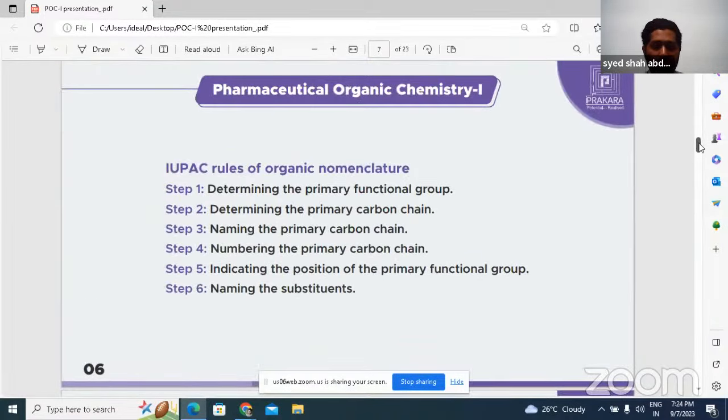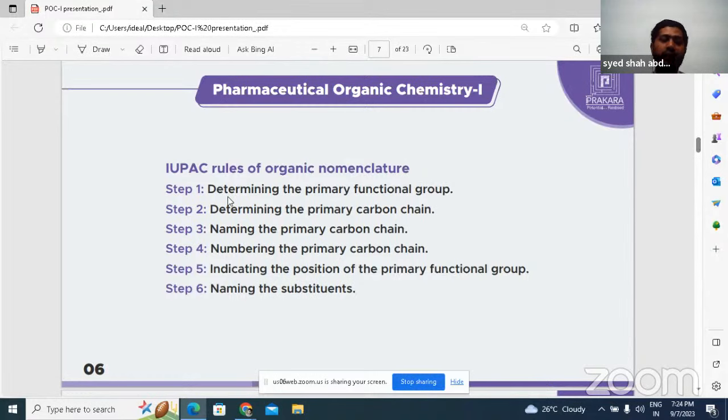Coming to the IUPAC naming system, we need to follow certain rules to give a name to a structure. The first step to keep in mind is determining the primary functional group.